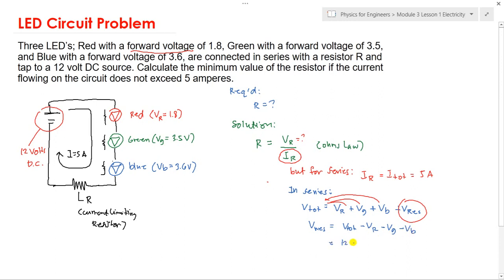So that is 12 minus 1.8 minus 3.5 minus 3.6. The answer here is 3.1. So therefore the voltage across resistor R is 3.1 volts.